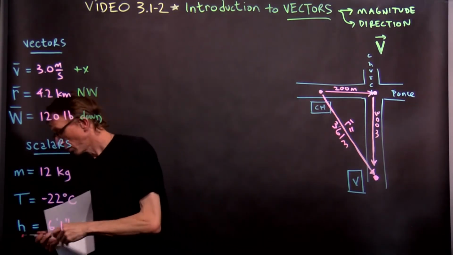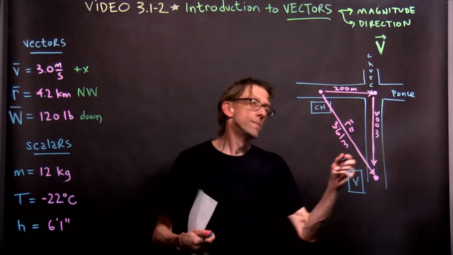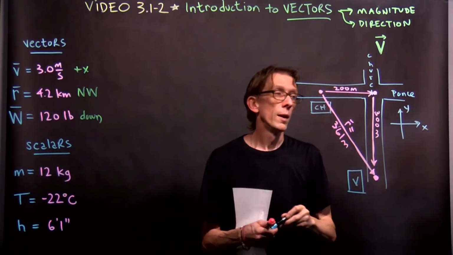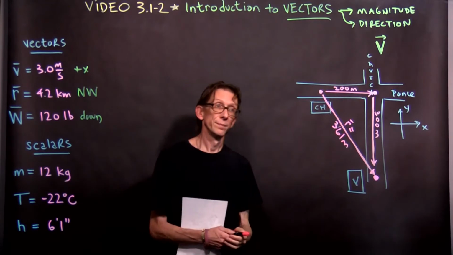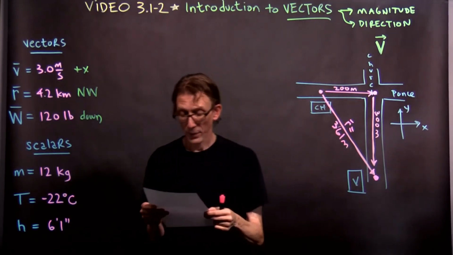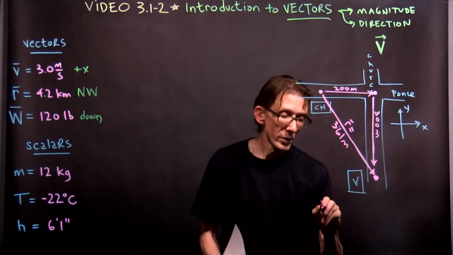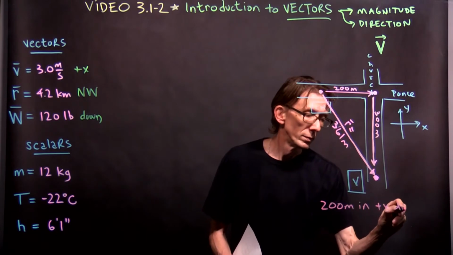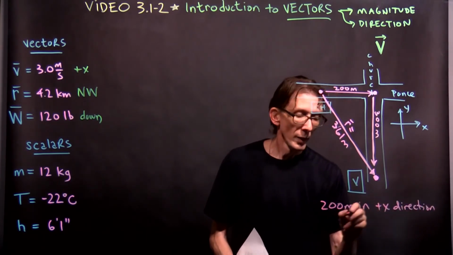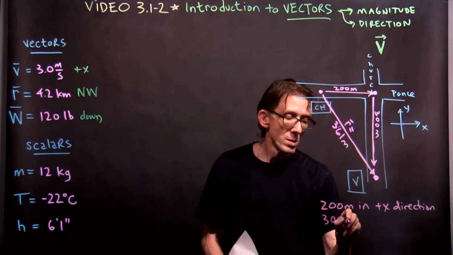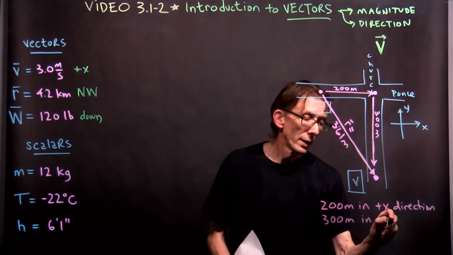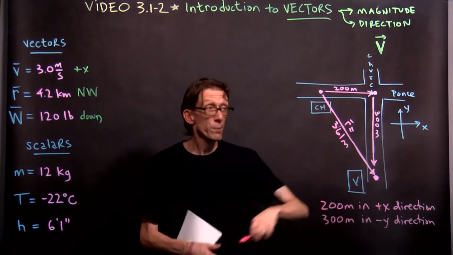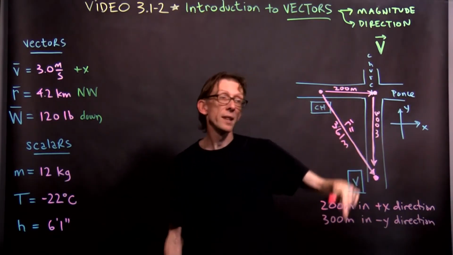So if we were to impose on our little world here an XY axis, what you would say is 200 meters in the positive x direction, and then 300 meters in the negative y direction, because positive y is up, negative y is down.